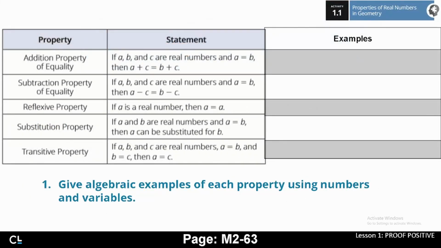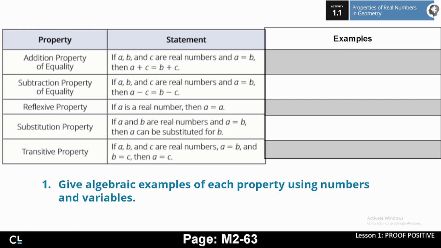So let's just jump into actually doing some stuff, right? I want to write examples for each of these little properties and postulates that we have here, right? So this is on page M263, and we're going to follow along and write examples. This is give algebraic examples of each property using numbers and variables.